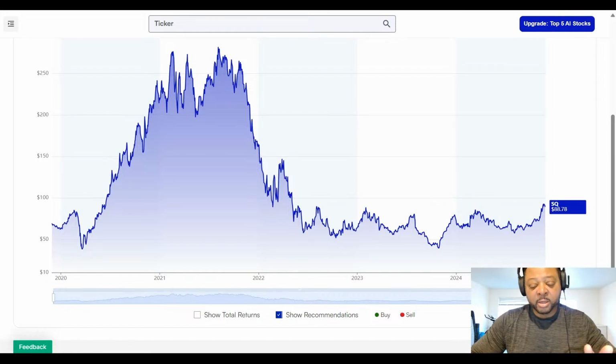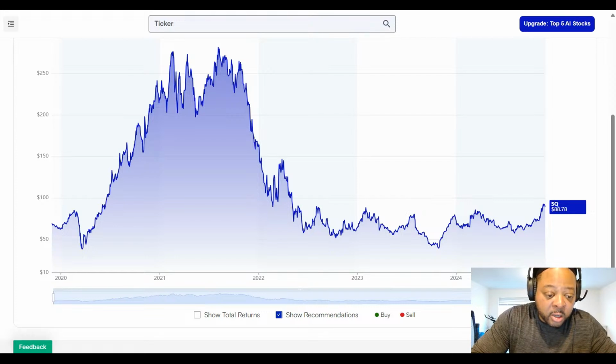And let me tell you something. Stocks don't grow astronomically like this in time. Sometimes they've got to pull back. Like right here, you see these little dips. That's a pullback. It goes up, it pulls back, goes up, pulls back a little bit, goes up, pulls back.